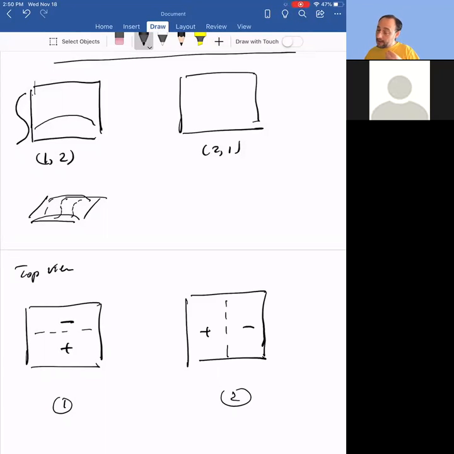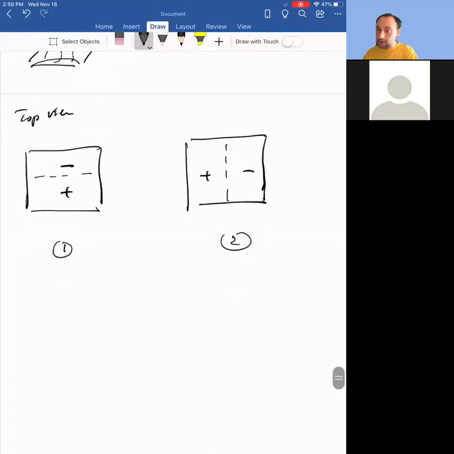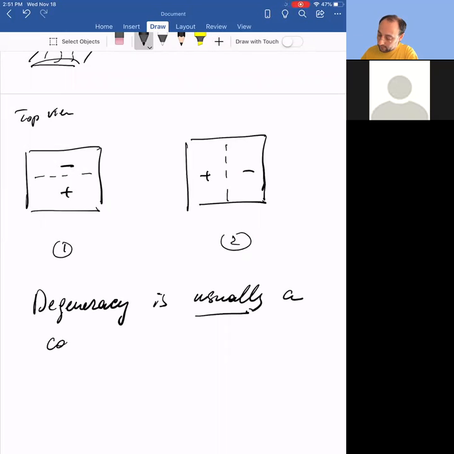So whenever you have symmetry, generally you will have more than one mode, more than one solution, sharing the same physical property like frequency or energy. So degeneracy is usually a consequence of symmetry. This is an important idea.